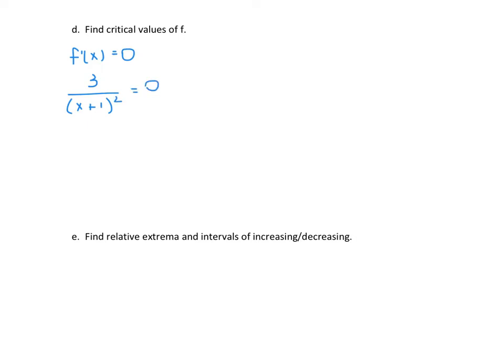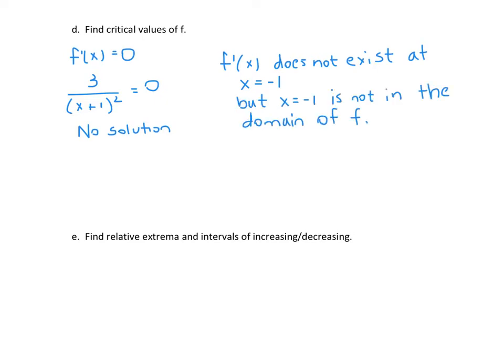Well, since the numerator is a constant, the first derivative is never equal to 0, so there is no solution to this. Now the first derivative does not exist at x = -1. However, x = -1 is not in the domain of our function f. Therefore, there are no critical values.